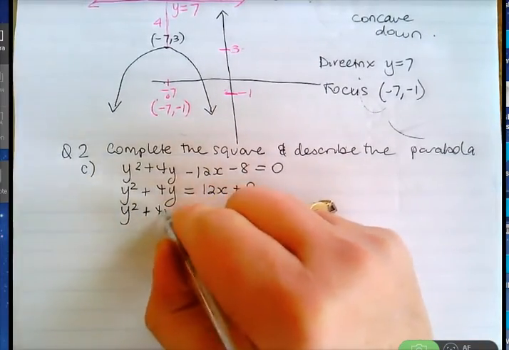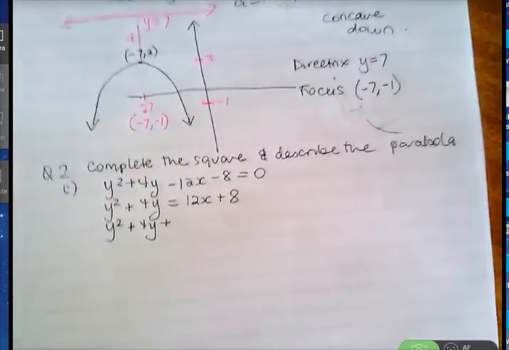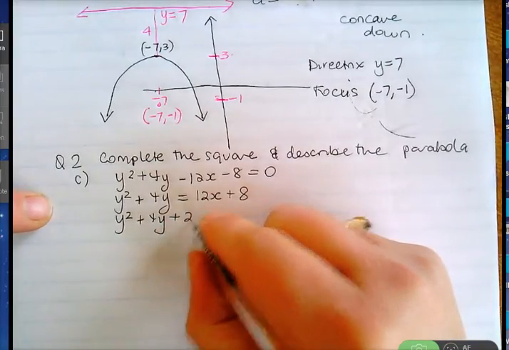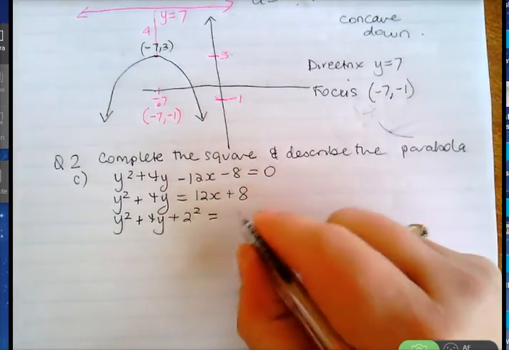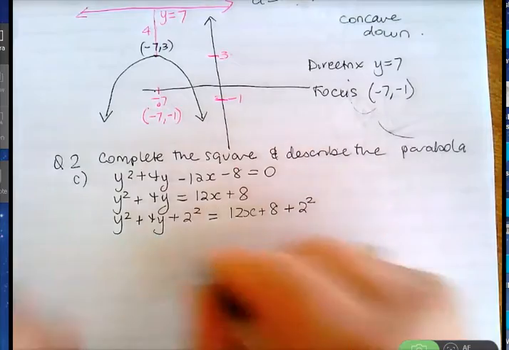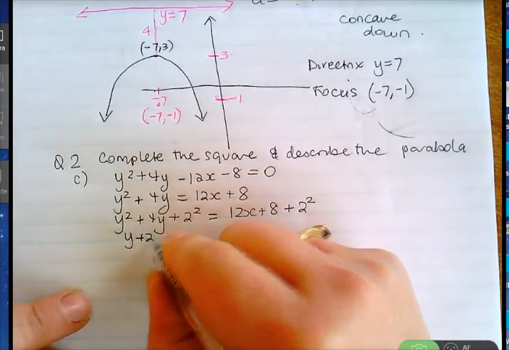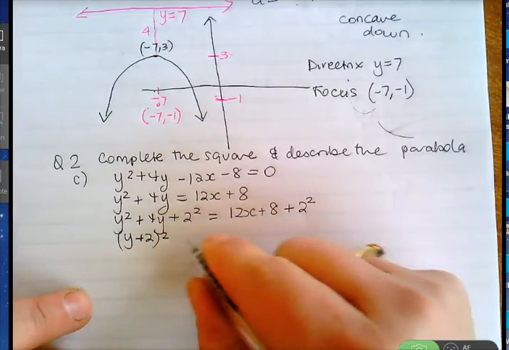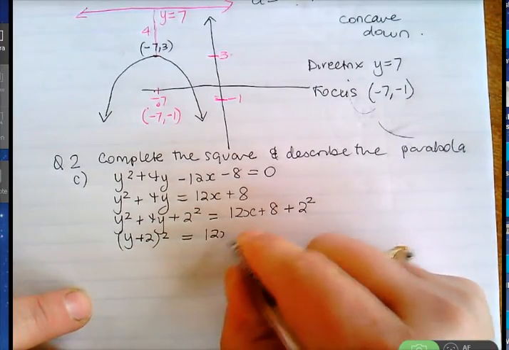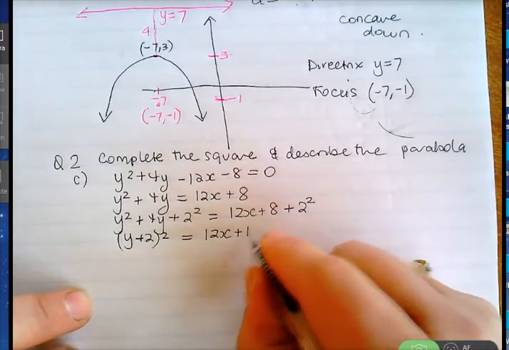We get y squared plus 4y plus 2 squared equals 12x plus 8 plus 2 squared. So what do we get? Y plus 2 all squared, so we've completed the square there, equals 12x plus 8 plus 4 is 12.